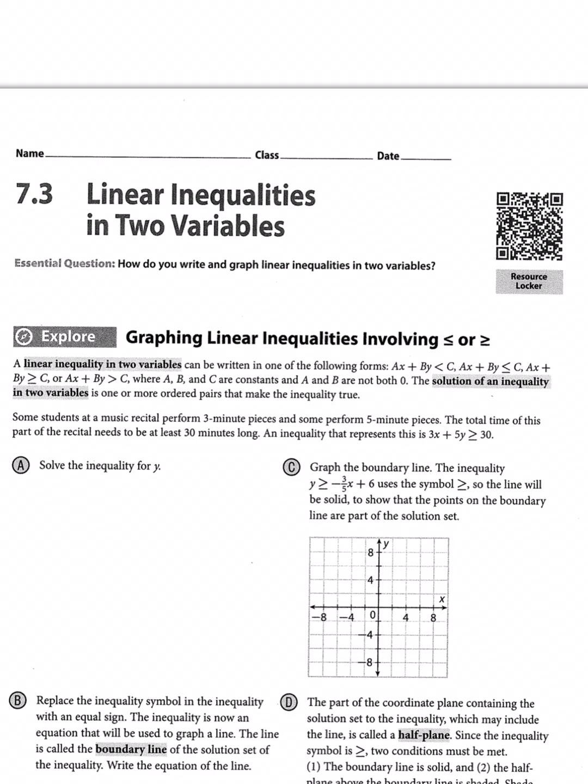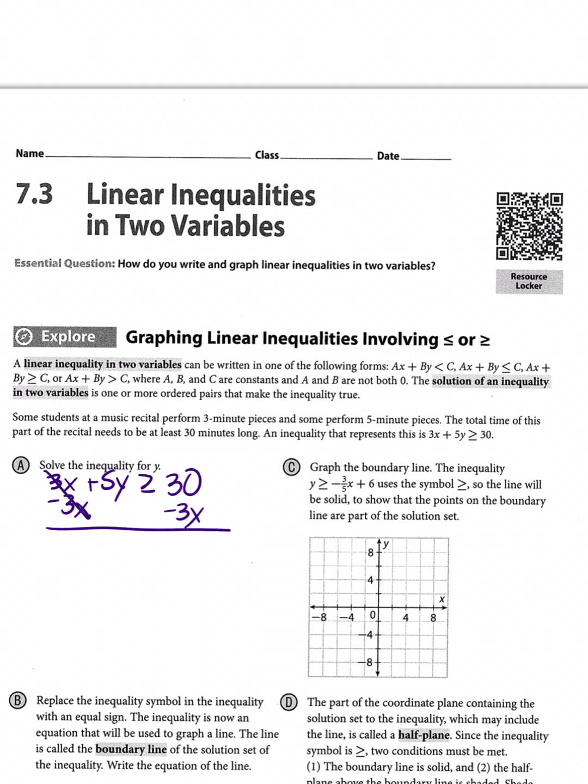Then in part A, it asks us to solve the inequality for y. Essentially, we're going to change it from standard form into slope-intercept form. So we have 3x plus 5y is greater than or equal to 30. To get it into slope-intercept form, we're going to move the 3x over.